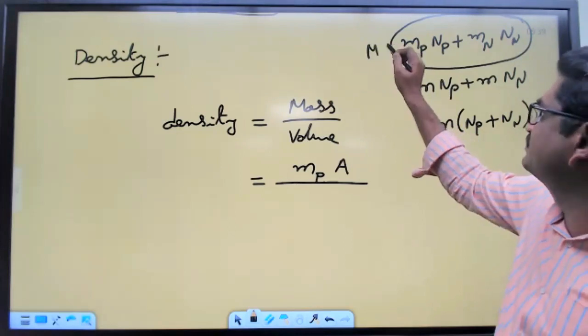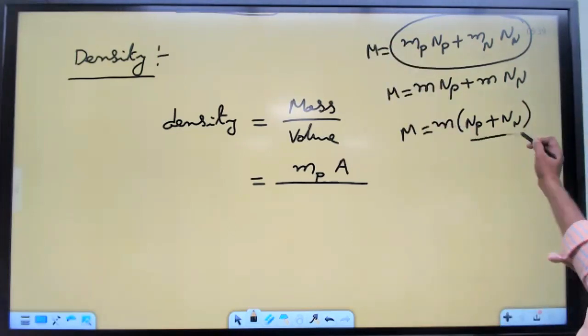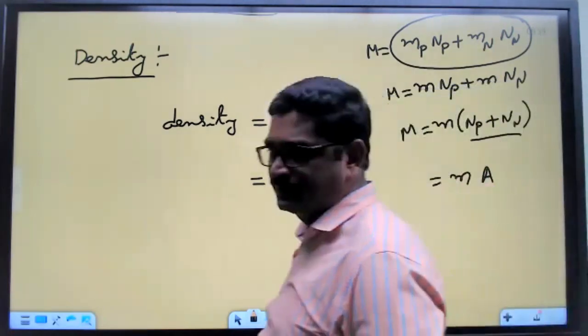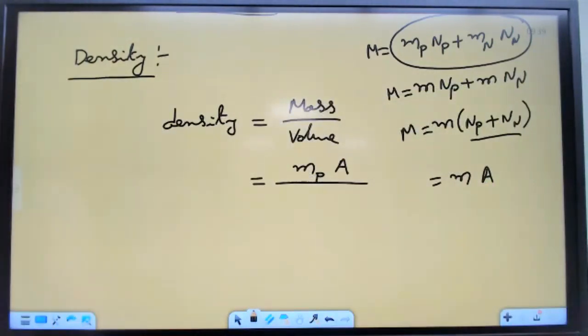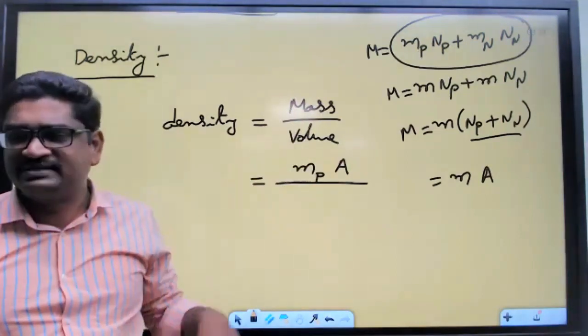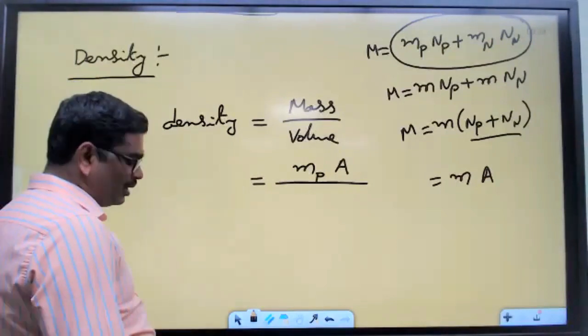So this is the mass of the nuclei. Now the number of protons plus the number of neutrons can be written as A. So the mass can be written as mass of proton into A, or simply mass of neutron into A also.